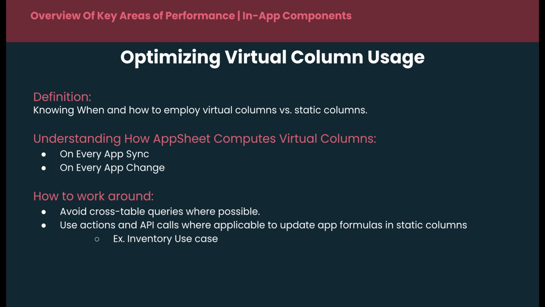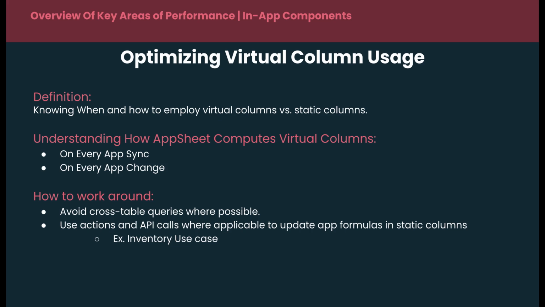We want to reduce those as much as possible, or instead of querying a whole table, we would rather query a related list. If you're in a parent table and you need to query your child data, don't query the whole table. Query your related list column within that table, and that's going to be a much more performant way of doing that.